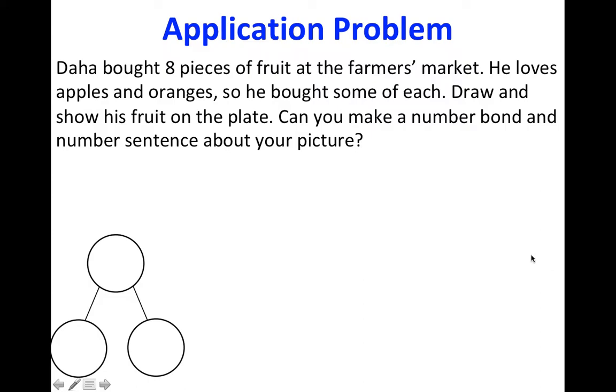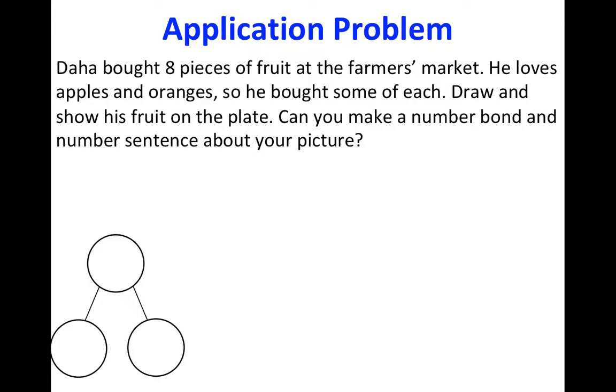Daha bought 8 pieces of fruit at the farmer's market. He loves apples and oranges, so he bought some of each. Draw and show his fruits on a plate. Can you make a number bond and a number sentence about your picture?